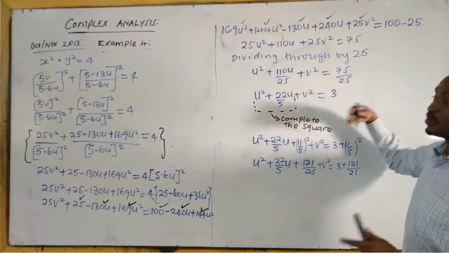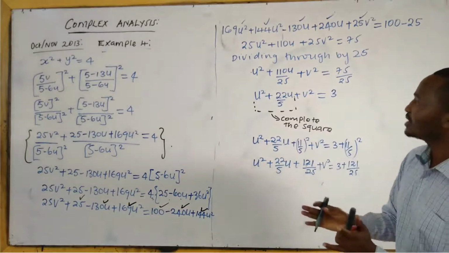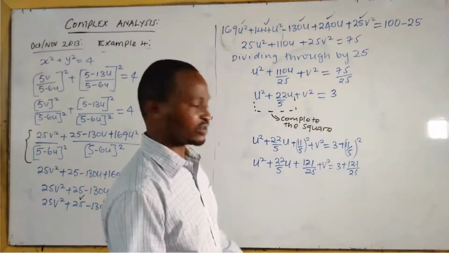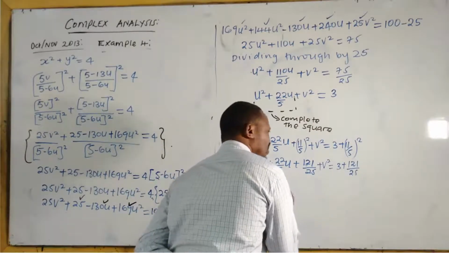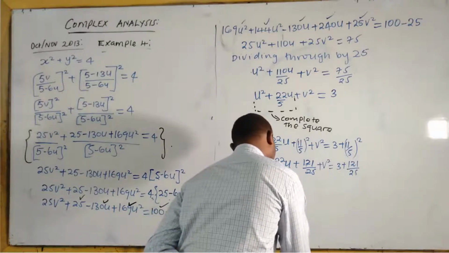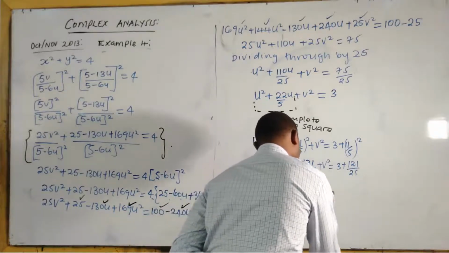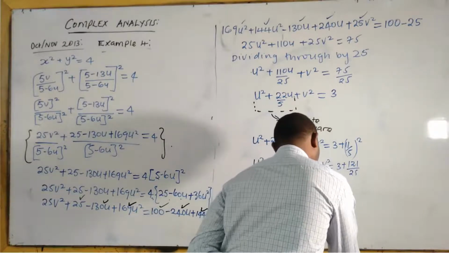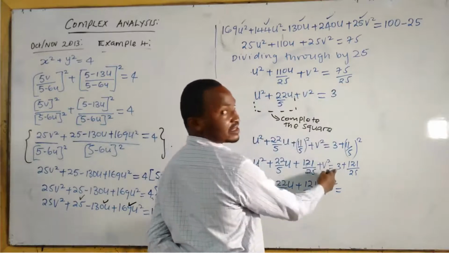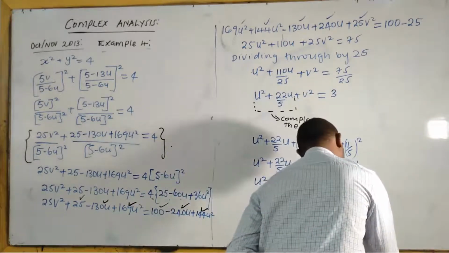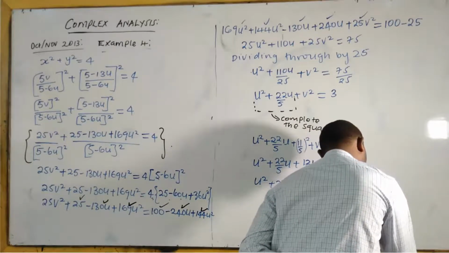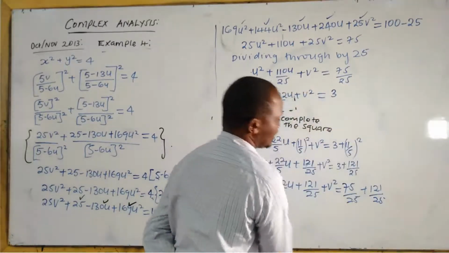Sometimes it's much better to work with fractions because they are much easier to work with than whole numbers, especially when you start getting more fractions, it becomes more difficult. So u squared plus 22 over 5u plus 121 over 25 plus v squared is equal to 75 over 25, which is the same as 3. Let us make it 75 over 25 plus 121 over 25. This division is not needed, it's a waste of time.